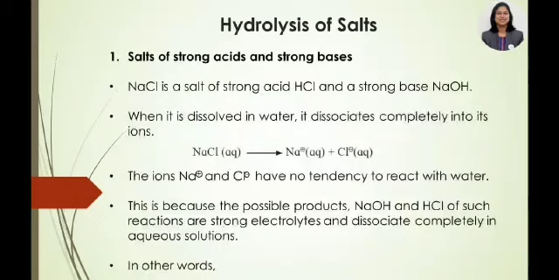The ions Na+ and Cl- have no tendency to react with water. So in this equation you can see only the forward arrow. This is because the possible products, NaOH and HCl, of such reactions are strong electrolytes and dissociate completely in aqueous solutions.